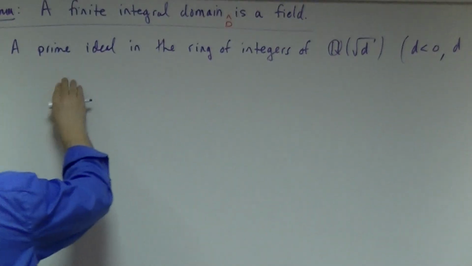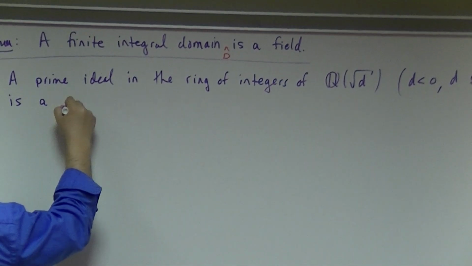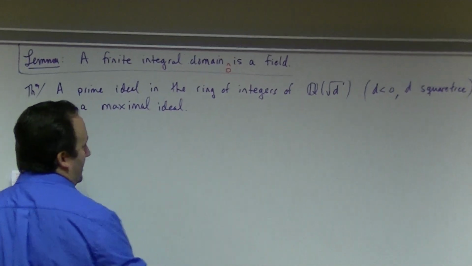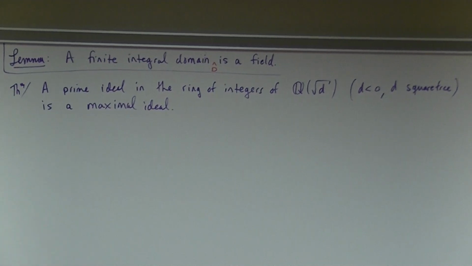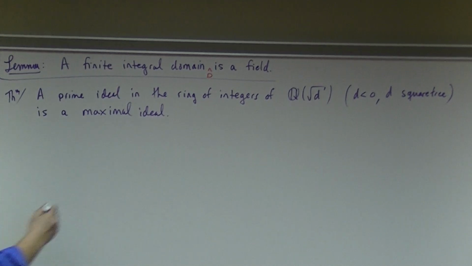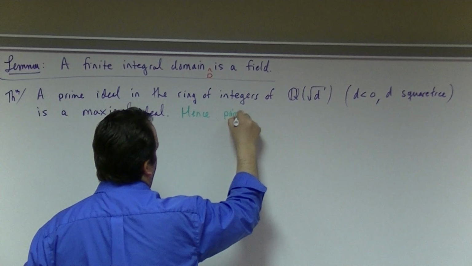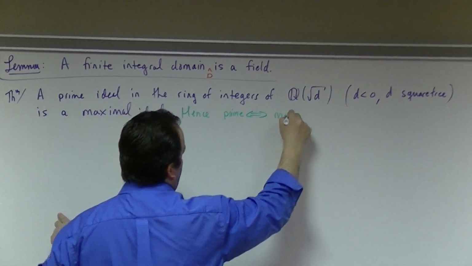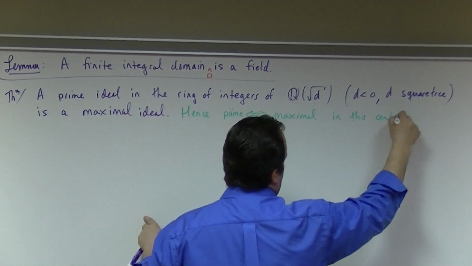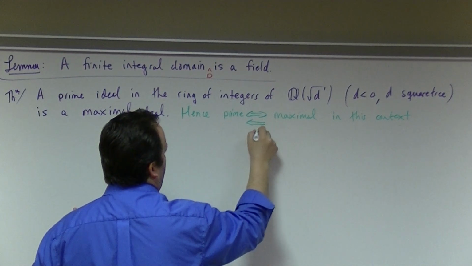So a prime ideal in the ring of integers over an imaginary quadratic field is a maximal ideal. And just to seal the deal here, to complete the thought, hence prime if and only if maximal in this context, because we proved maximal implies prime last time.